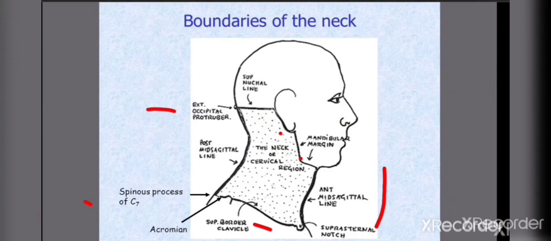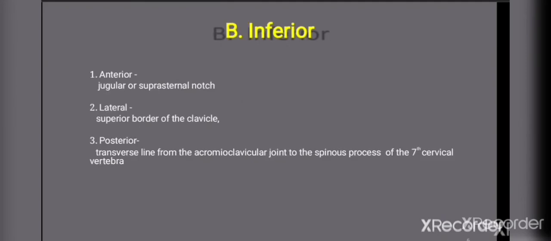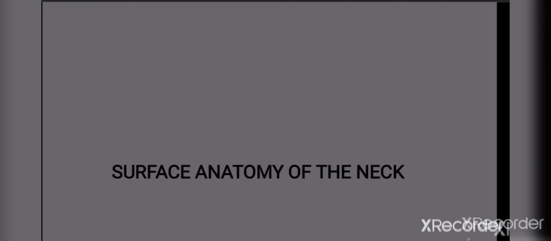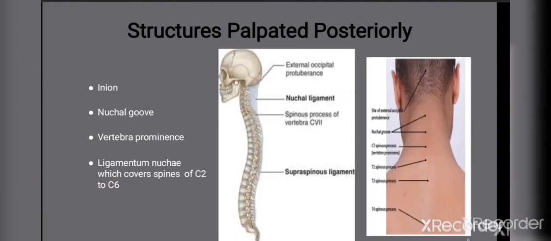So these are the boundaries of the neck, and here we have discussed the boundaries again: superiorly, inferiorly, and then we come to the surface anatomy of the neck. In the neck some structures can be palpated in the midline. These are, from above downwards, the body of the hyoid bone, then thyroid cartilage, then cricoid cartilage, trachea, isthmus of the thyroid gland, and the suprasternal notch.